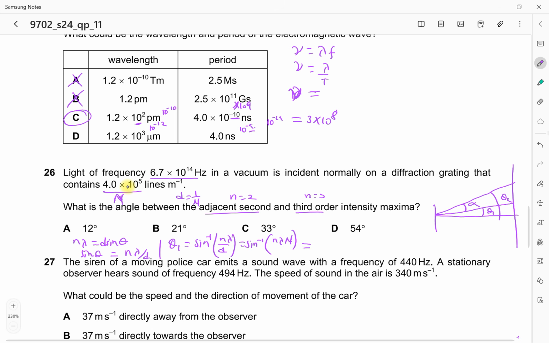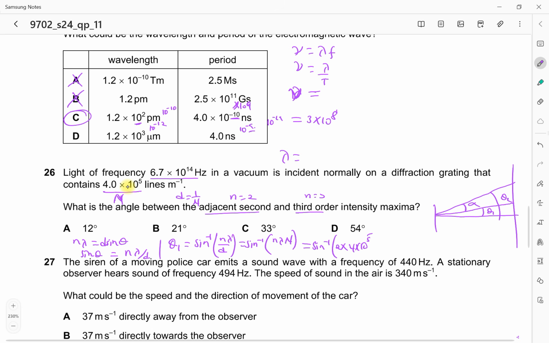So for theta 1, I'm substituting sine inverse of n is 2. Wavelength, I have again to find the wavelength, but capital N is 4 times 10 to the power of 5. Let me find the wavelength.